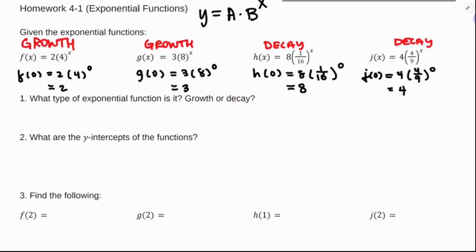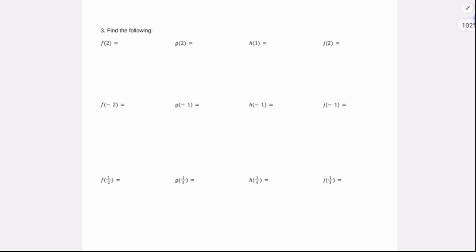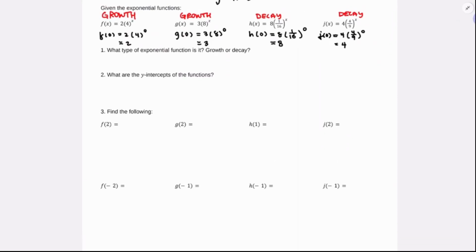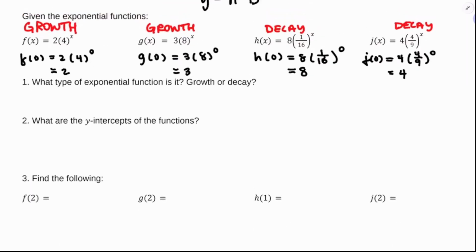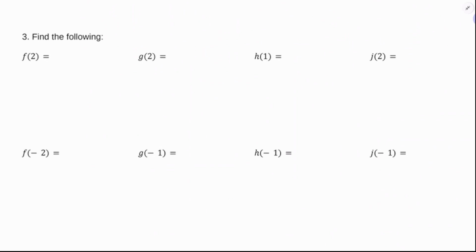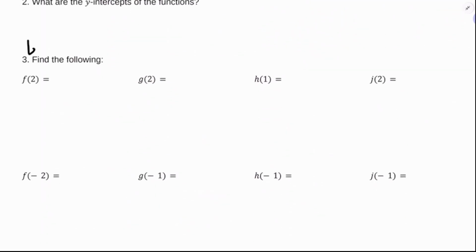All right, now f of 2. The rest of these, the whole rest of the page, we're just going to be plugging in directly to each of these functions. So f is 2 times 4 to the x. I might do all three of these right here that are f of x, just so I can keep the function straight. f of x equals 2 times 4 to the x.